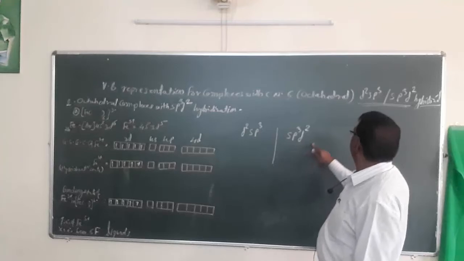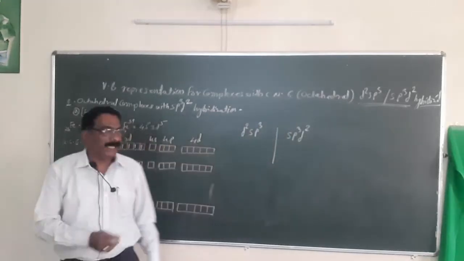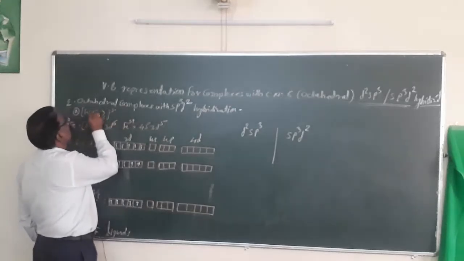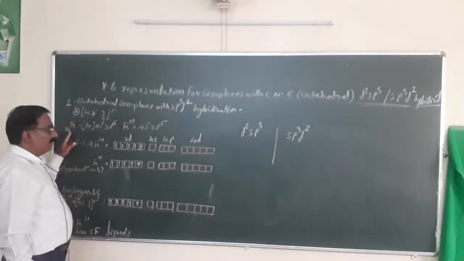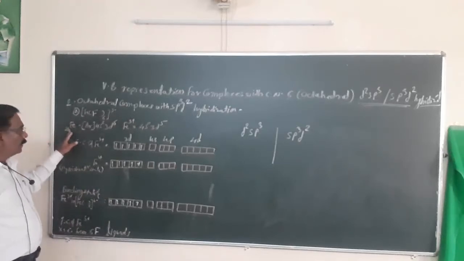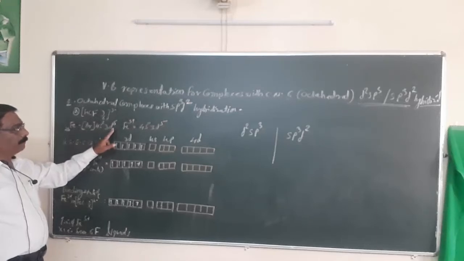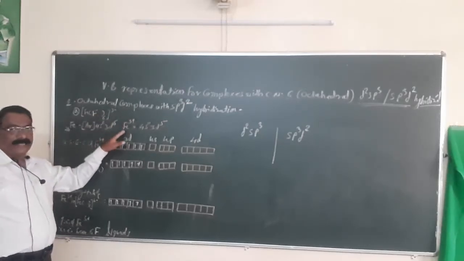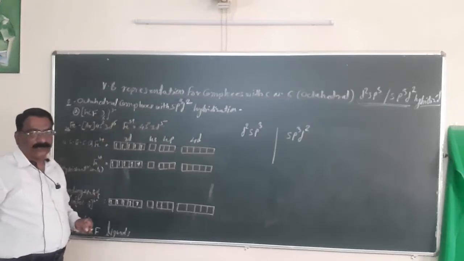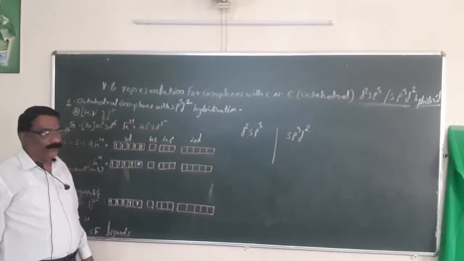See the first example, that is [FeF6]3-. Here Fe has the atomic number 26, and the electronic configuration is argon core completed, 4s2 3d6. Fe3+ is the oxidation state, so the Fe3+ ion has the electron configuration 4s0 3d5.